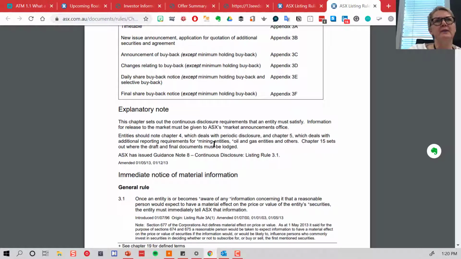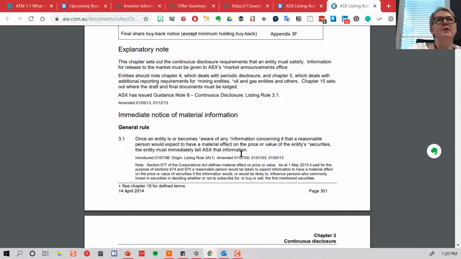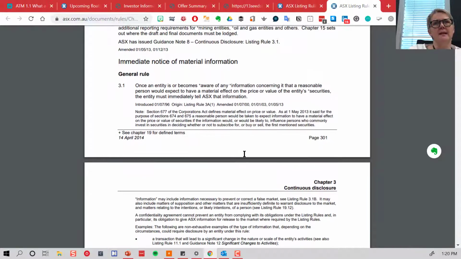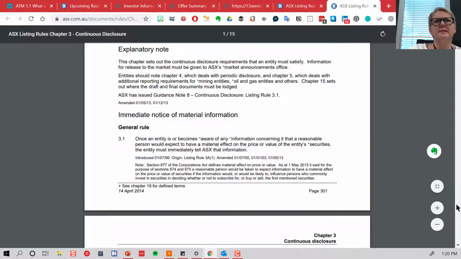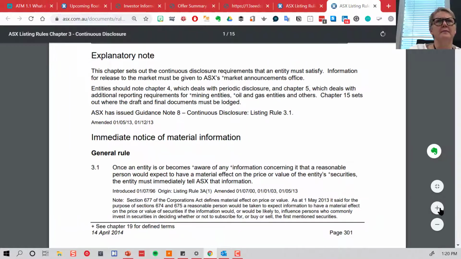Each one starts with an explanatory note. So we talked about this rule yesterday. I'm just going to see if I can make that bigger so my old eyes can see it. Basically this reflects the continuous disclosure regime that is in the Corps Act.